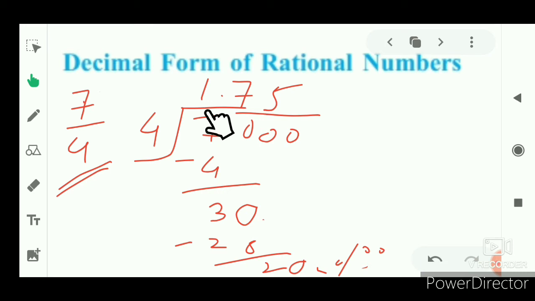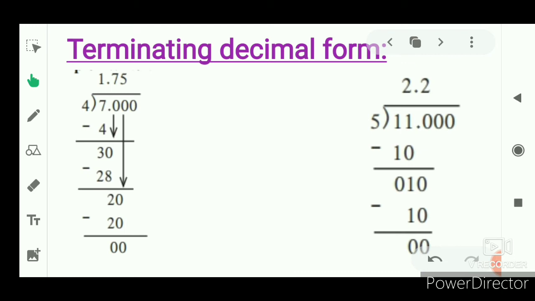It means that if we want to find the decimal form of any rational number, then we just divide the number by its denominator. Okay, let's take some examples. There are two types of decimal forms of rational numbers. First is the terminating decimal form and second is the recurring decimal form. First of all, let's see what we mean by terminating decimal form.